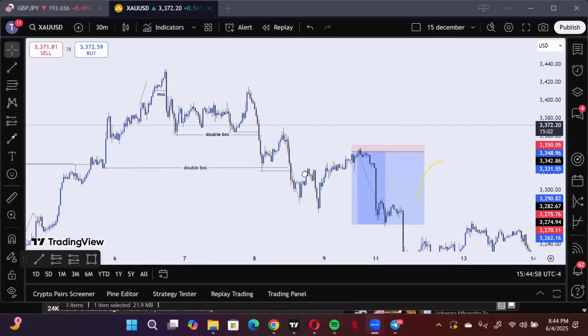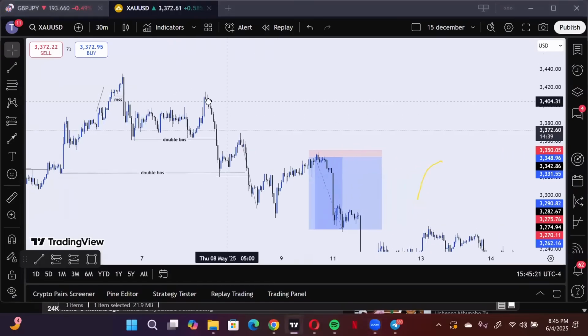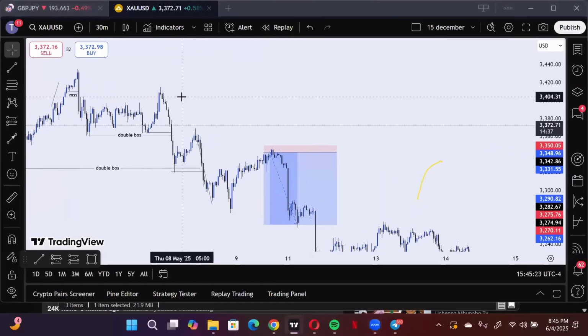So the inducement is the first pullback that the market makes after a market structure shift or a break of structure or a double break of structure. That is what the inducement is. We only look for an inducement after you've seen a market structure shift or a double break of structure.